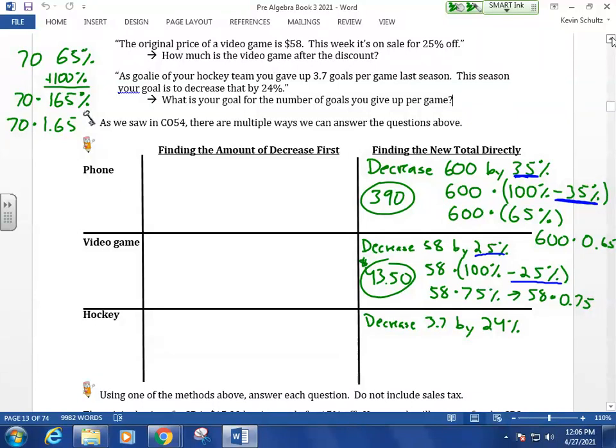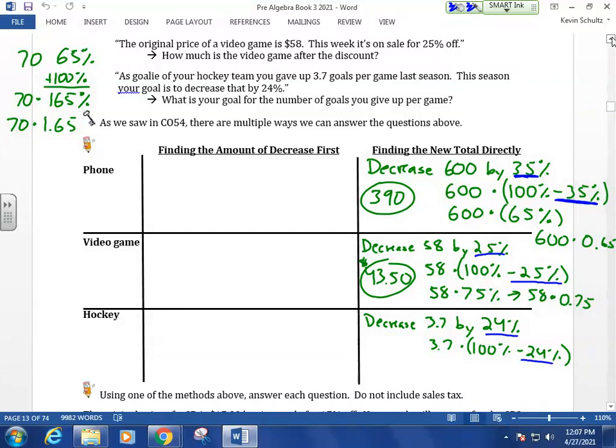But if we made no change, if we gave up exactly as many goals as we did the year before, right? It's like we're multiplying 3.7 by 100%. We gave up 100% of the goals that we gave up last year. Nothing changed. But what we want is to give up 24% less than last year. So we're subtracting 24% from 100%.